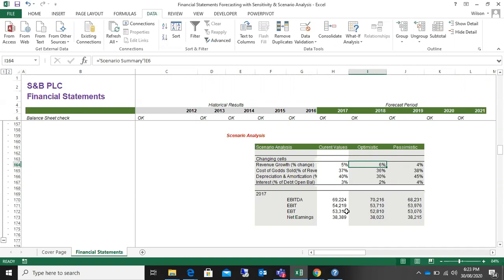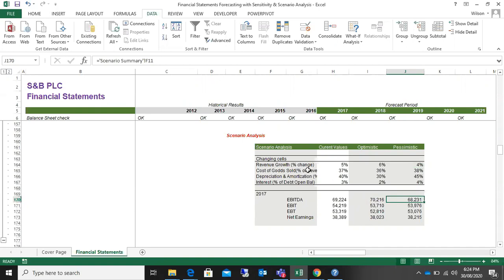So we are interpreting these results now. We are currently at 5% based on our forecast for 2017, and we're optimistic that it's going to increase in 2017 to 6%. Are you getting me? So this 6% means the impact on EBITDA is going to be an increase. Of course, it's logical. EBITDA will increase from 69 to 70. Now, if we are pessimistic that it will be 4%, then it will reduce our EBITDA. EBITDA will fall to 68.